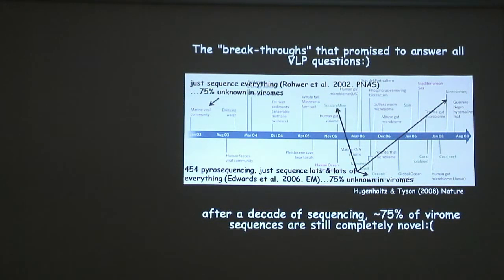We've been sequencing now, so this is the first metagenome right here, all right? We've been sequencing for 1 decade. And we have the same 75% unknown problem, right? So everywhere we look, basically everything is unknown. They're not coming together. The curve is like this. And I'm actually getting tired of it.